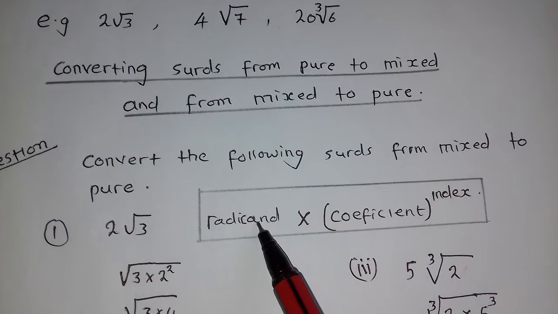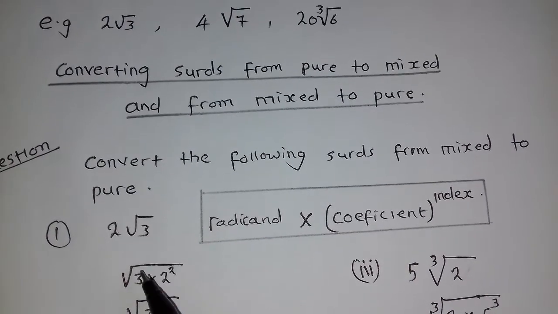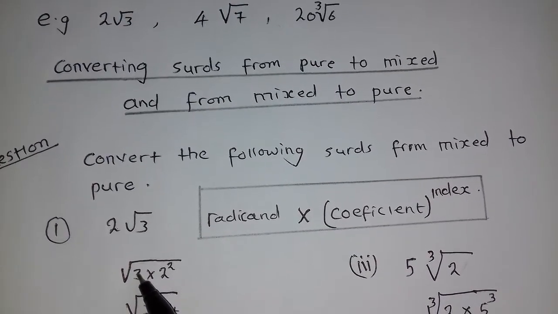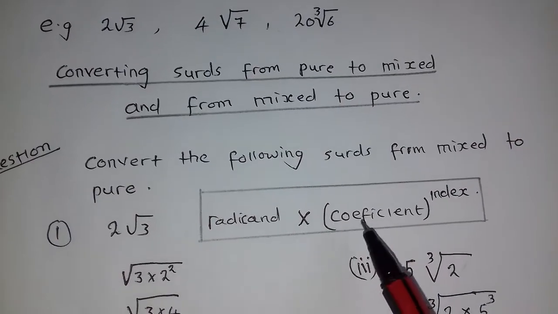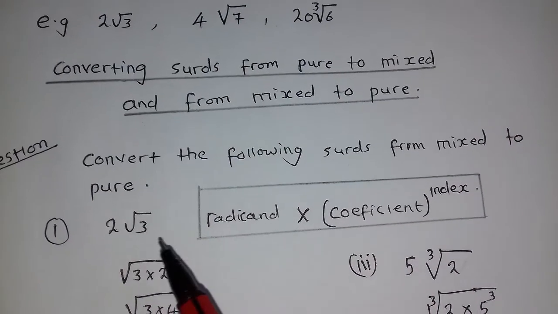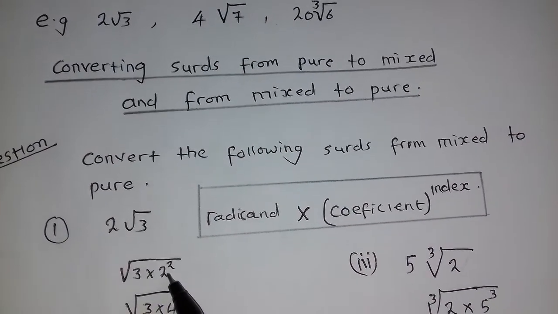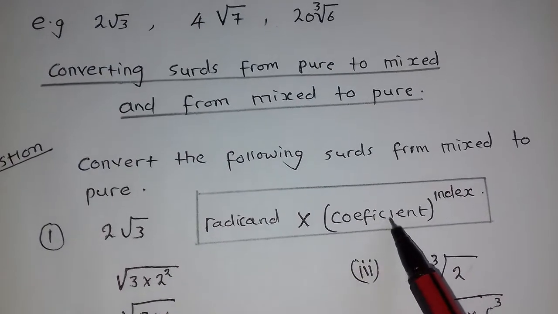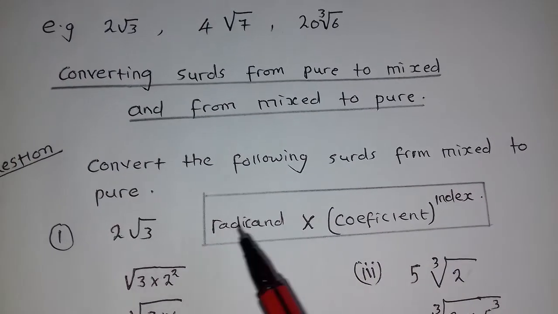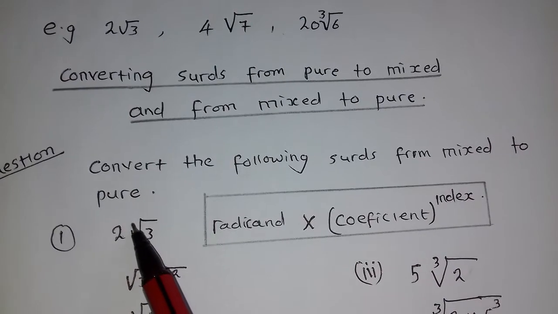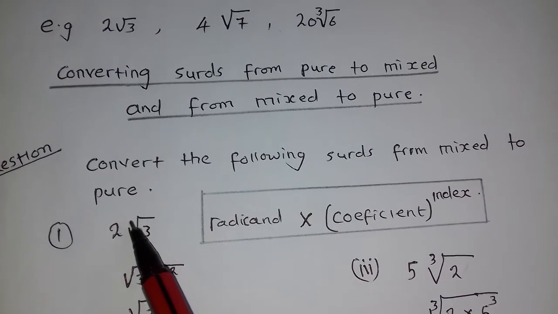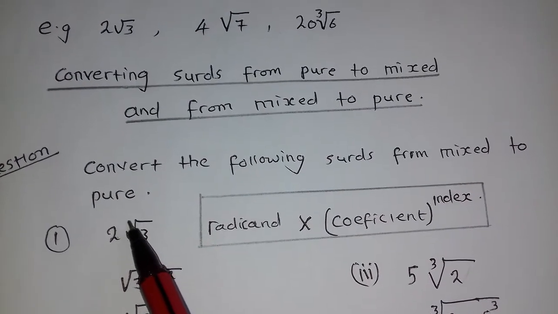So we get the radicand given. We are given 3 here, so we get the same 3, we write it under here, times the coefficient given. So we get this 2, put it here, and this coefficient will be raised to the power index. What is our index? Yesterday we said here there is always an invisible 2. So if there is nothing given here, it means that there is an invisible 2.